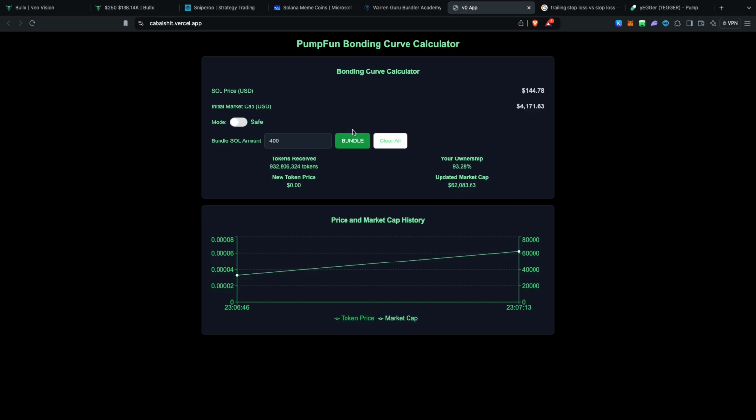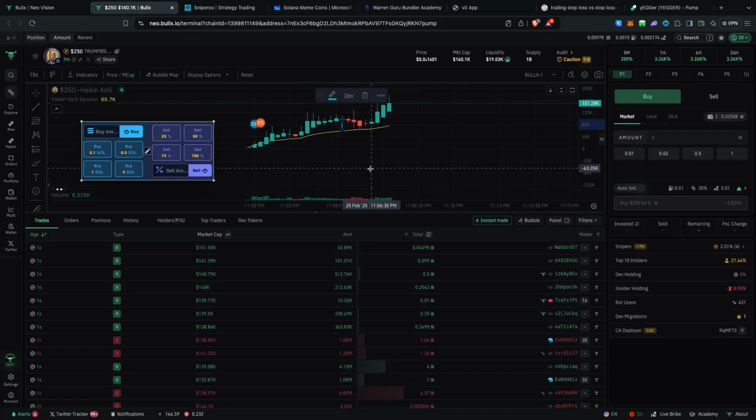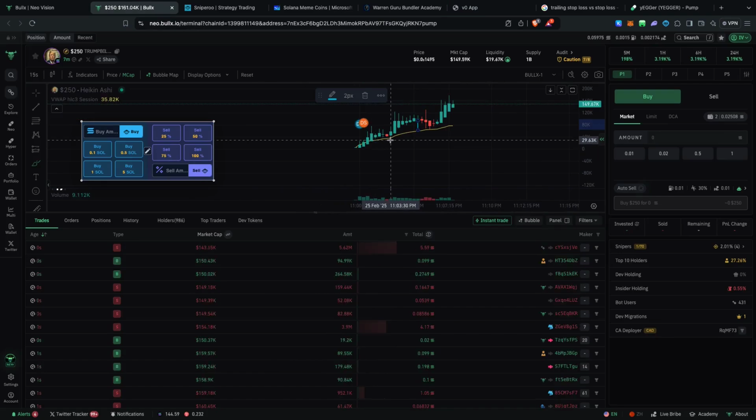So what does this mean? It means that in order for somebody to make profit by self bundling, they need to have about 400 Solana invested. And this is what this guy had. He had about 400 Solana from the get go. He was able to bond.